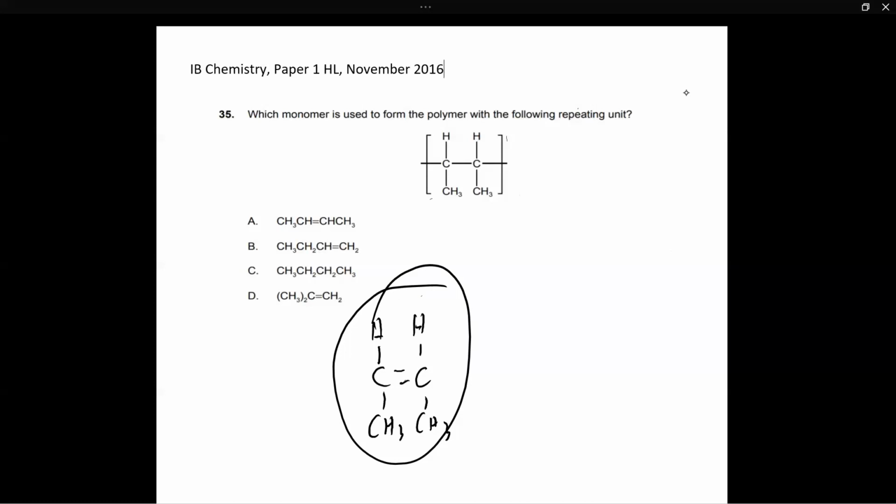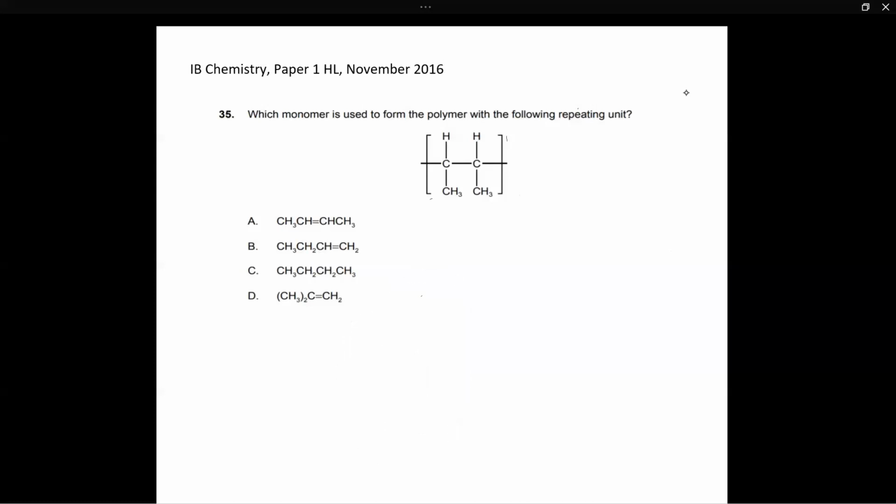And really, the general equation for addition polymerization looks something like this. So you have a carbon double bonded to another carbon, with R groups. These R's could be anything attached over here. It doesn't matter. You can have a halogen, a methyl group, or a hydrogen.